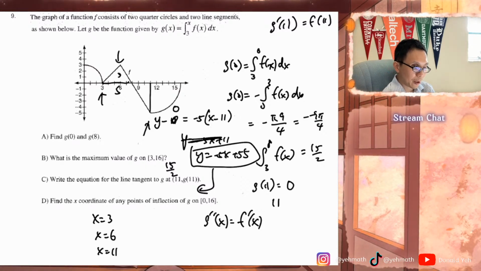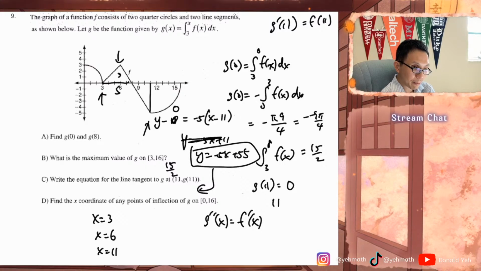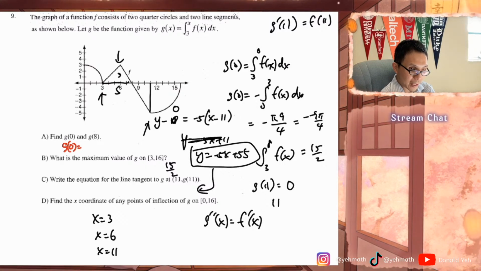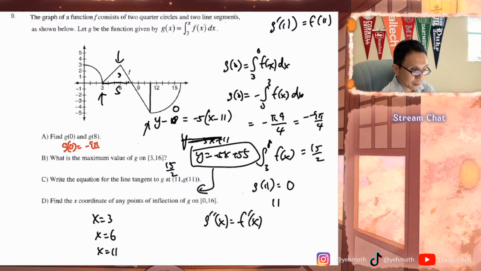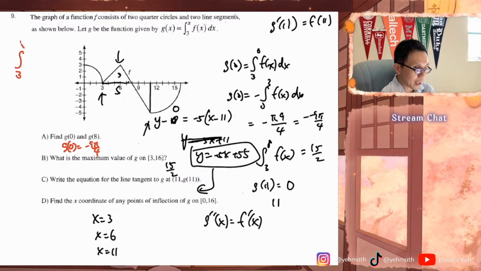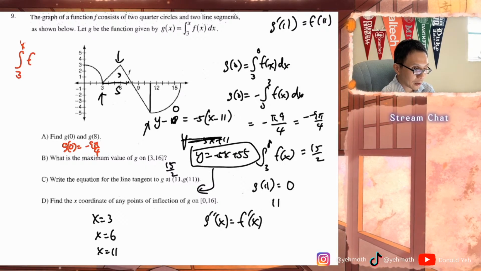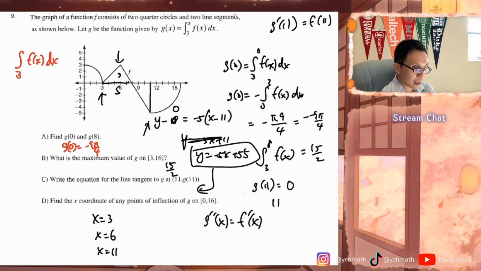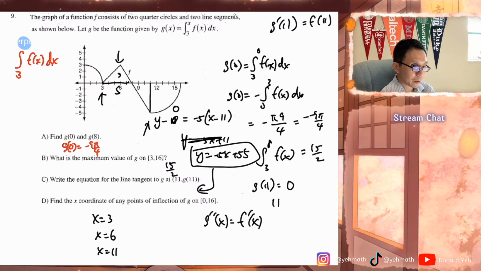Well, g of 0 here is equal to negative 9 pi over 4. Hopefully you understand why. Because see that integral from 3 to x of f of x dx, and they want this x to be 0. Right?